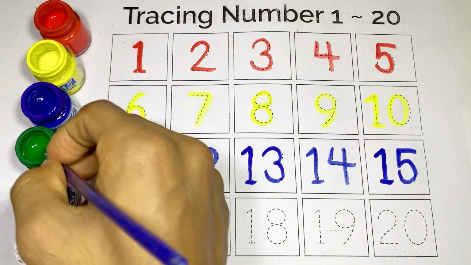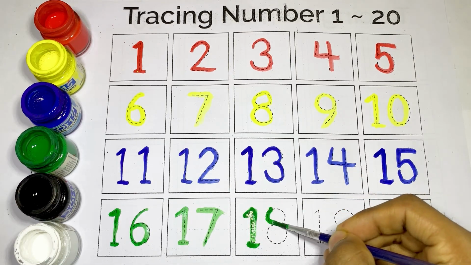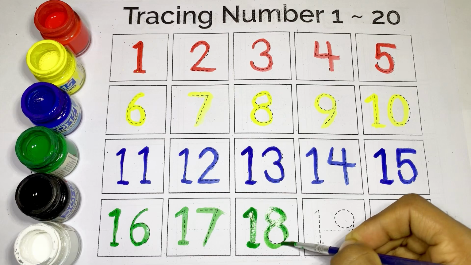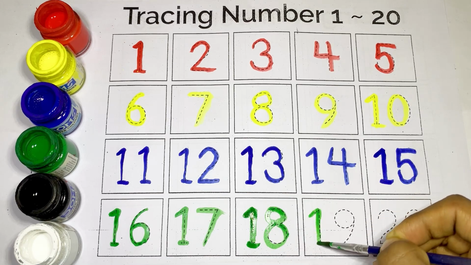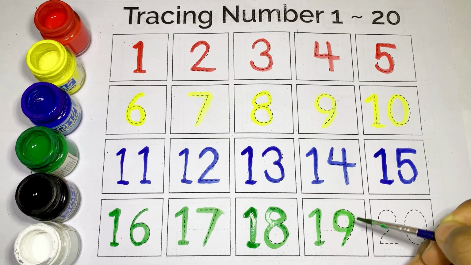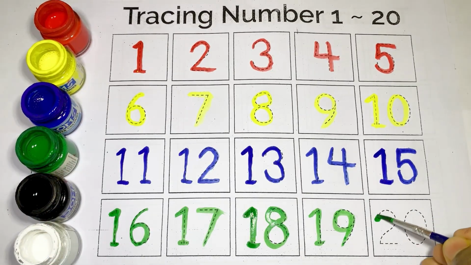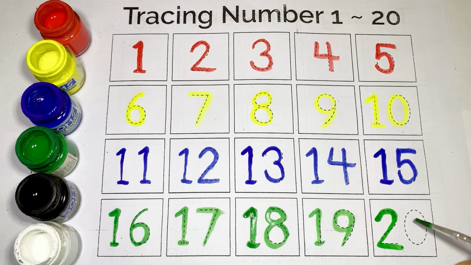Kids again use green color and draw 18, the numbers of 18. 19, the numbers of 19. Kids again use green color and last 20, the numbers of 20.